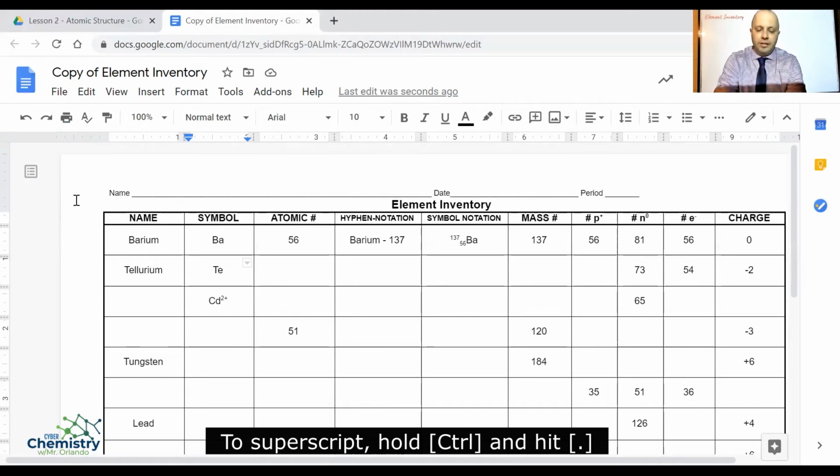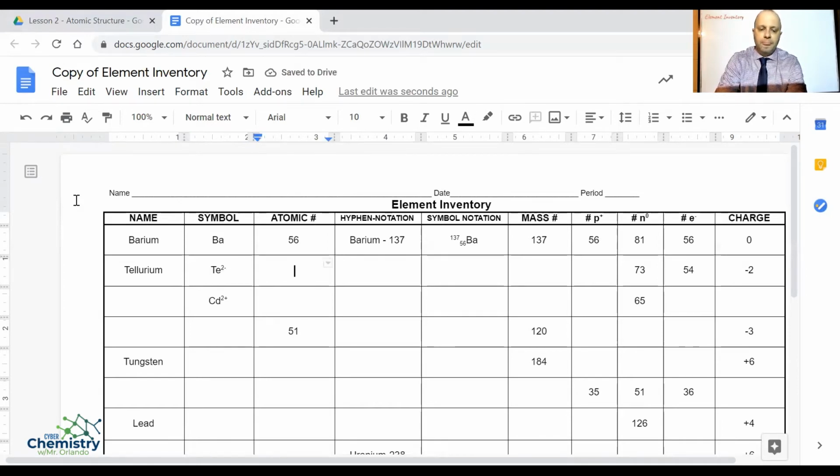So in this case, I'm going to hit Control period, 2-, hit Control period again to go back to normal. Tellurium is atomic number 52, as we discovered. So I can fill in the 52 here. And our mass for tellurium, again, is 125. So I can go back and type tellurium-125.